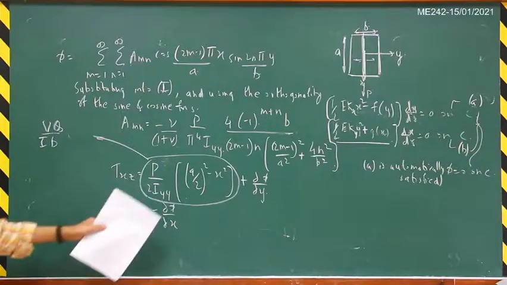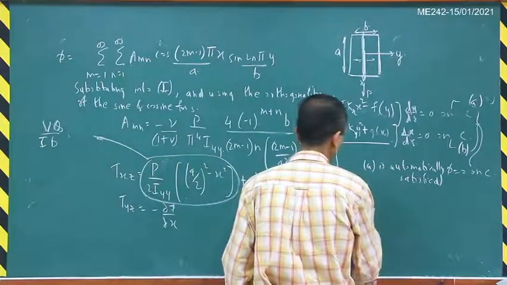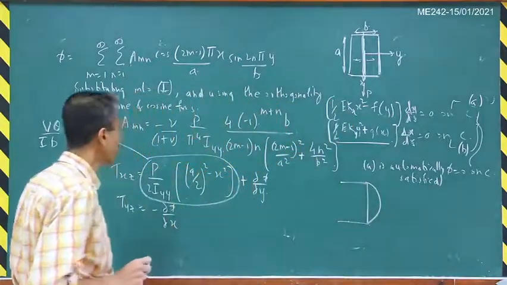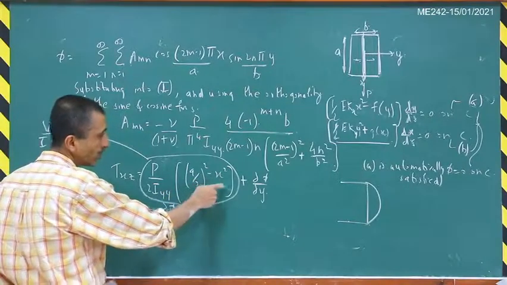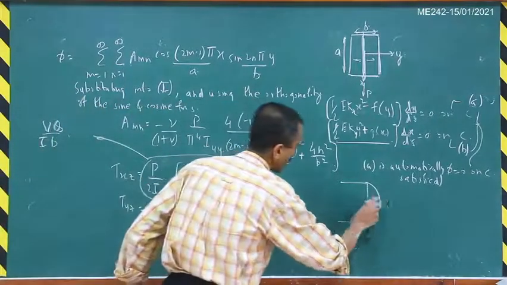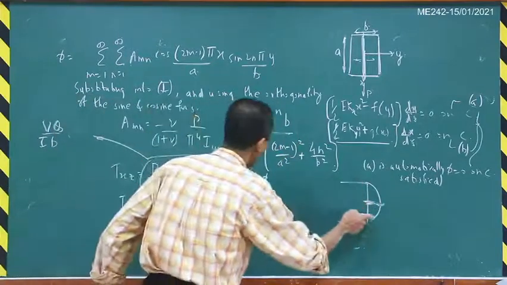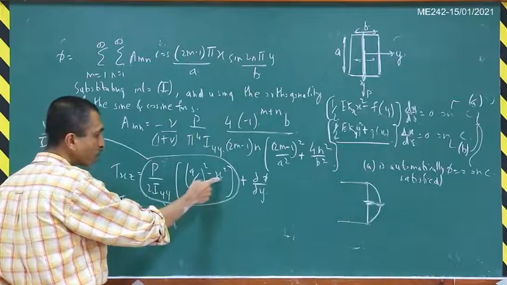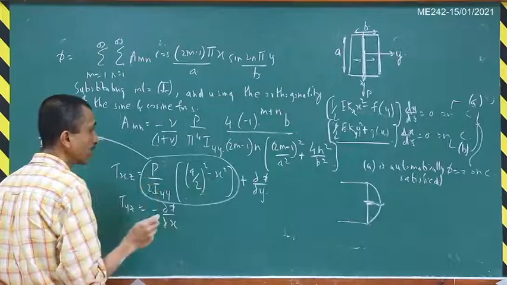If I draw this cross section, you get this parabolic distribution of the shear stress, and it is a maximum at x equal to 0. So along this line it is a maximum, and then it goes to 0 at the edges. When x equal to plus minus a by 2, this part goes to 0. So this is exactly your strength of material solution.